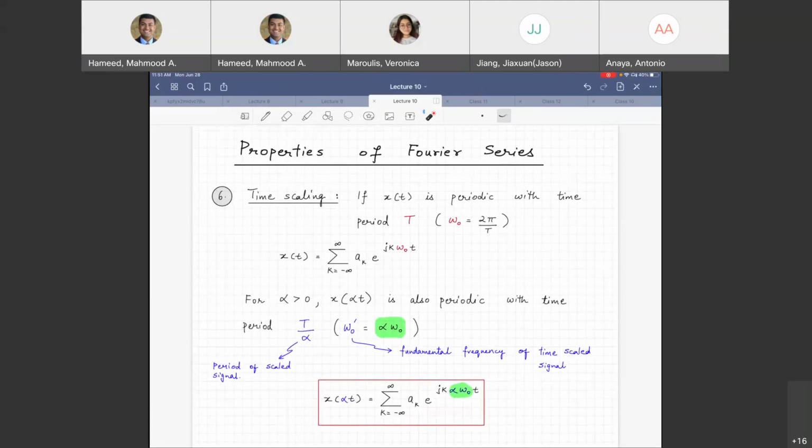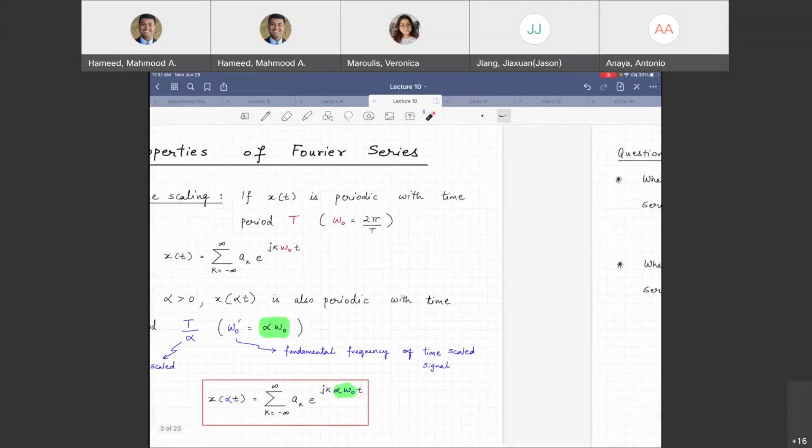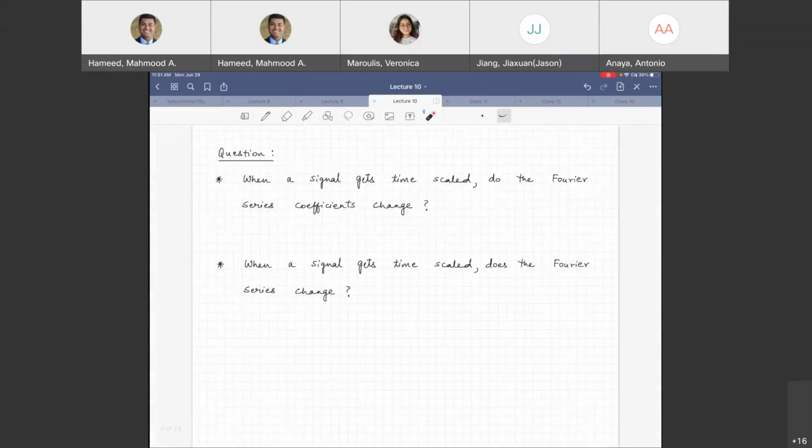So the orthogonal set itself is different, but the coefficients are the same. So you can ask two questions. When a signal gets time scaled, squeezed or expanded, do the Fourier series coefficients change? That's the first question. The second question is, does the Fourier series change?